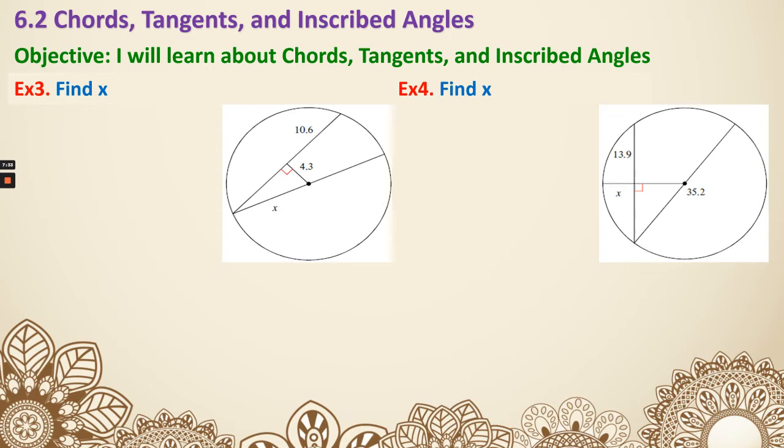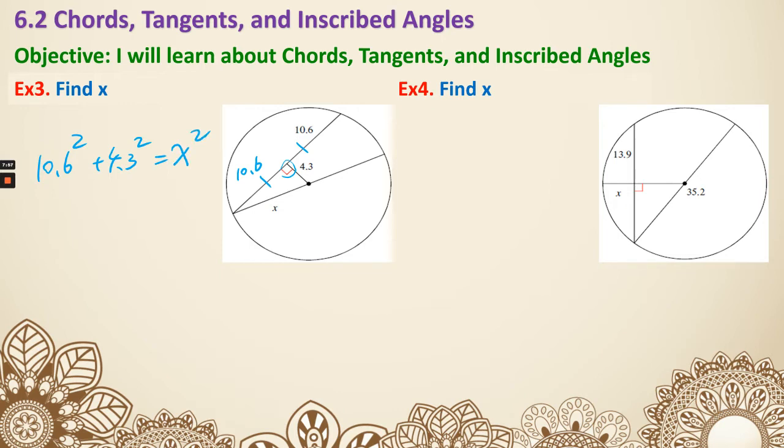Example 3, find x. X is being labeled as the radius, and from what we just know, if that is a 90-degree angle, that means these two parts are going to be the same. So the part on the left is also 10.6, which means we can use the Pythagorean Theorem to set up this whole thing. 10.6 squared plus 4.3 squared equals x squared.